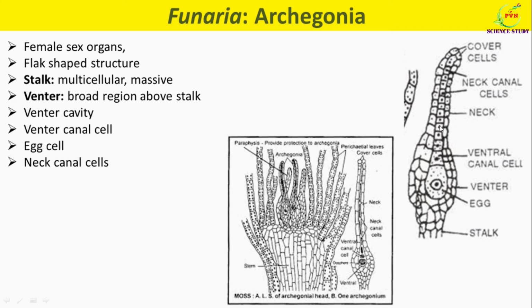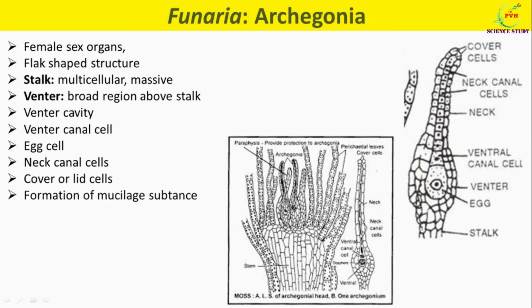Then the last region is the neck. The neck consists of six vertical rows of cells enclosing a cavity called the neck canal. In this neck canal, we can see 10 or more neck canal cells. The uppermost cells of the neck form the cover cells or the lid cells.